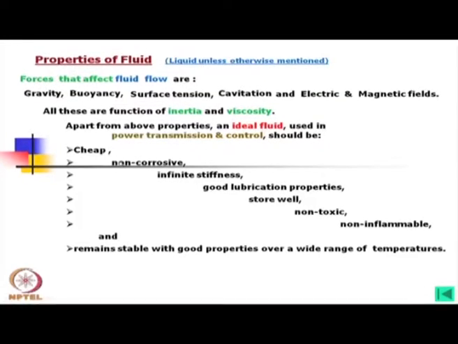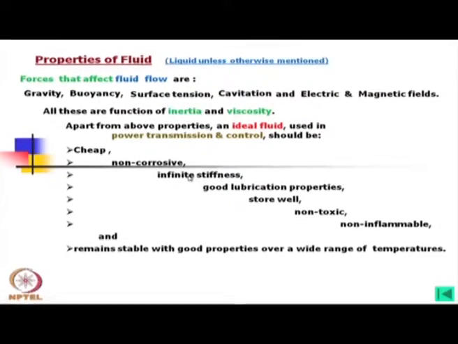Then non-corrosive. Most of the components are ferrous material, and we should look into the fact that the oil should not be corrosive. No rust should come over the ferrous components.